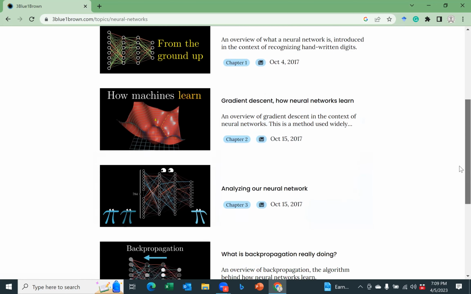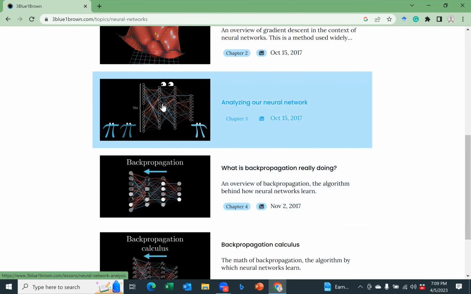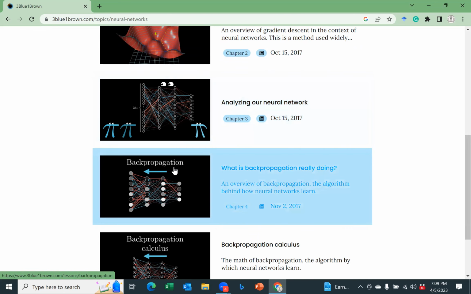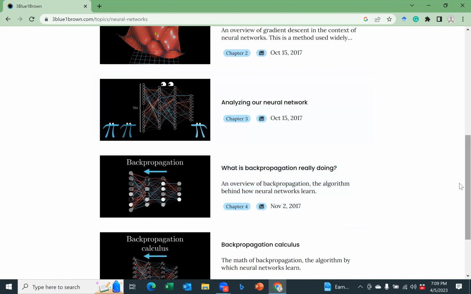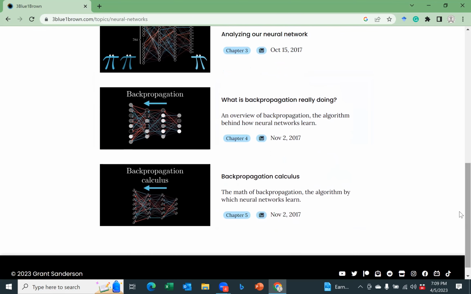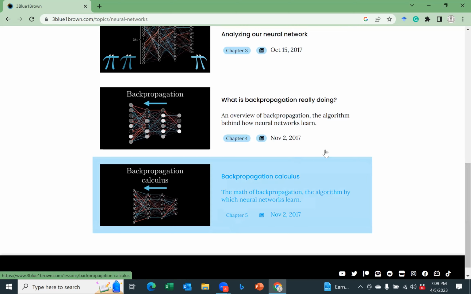Then the next part is how you compare the performance of the neural network. That means comparing your output with the actual theoretical output. Then backpropagation, and finally stochastic gradient descent.